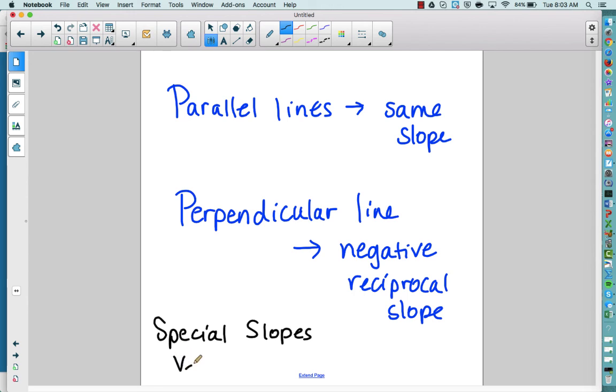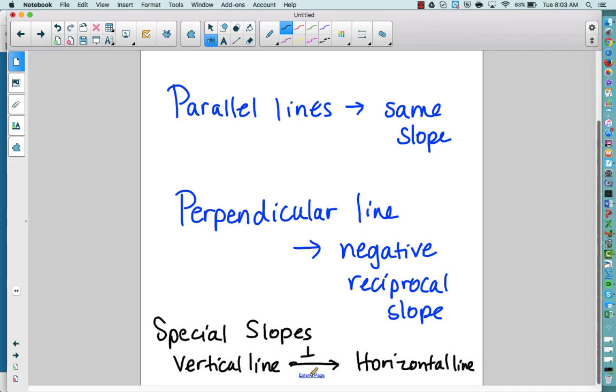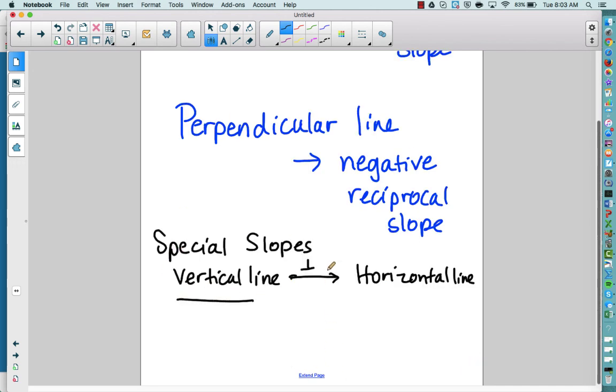What would be perpendicular to a vertical line? I hope you're saying that a perpendicular to a vertical line would be a horizontal line. Okay? So a vertical line, if I ask you what's perpendicular to it, it would be a horizontal line. So what if I told you the slope was undefined?